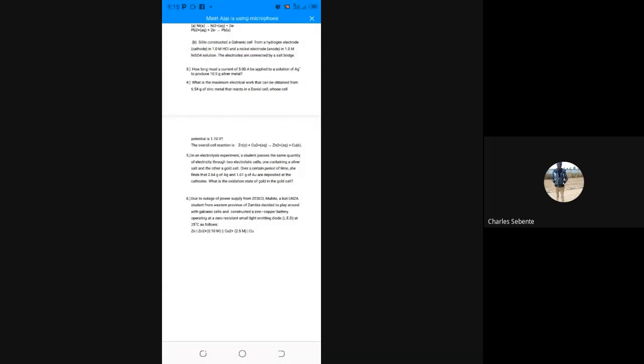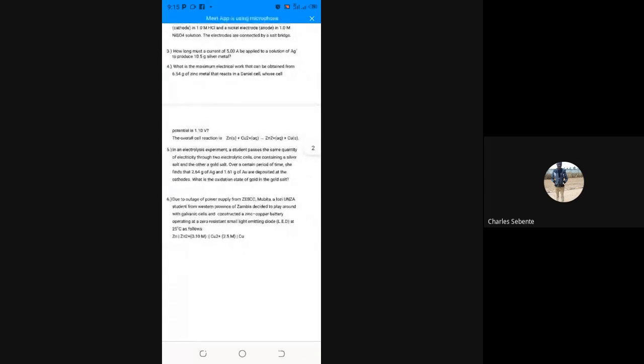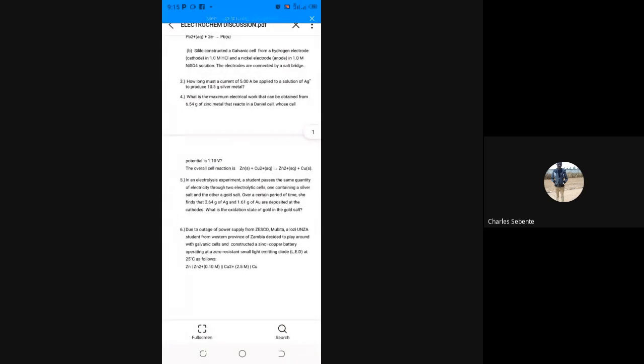On question 5, we are asked to find the oxidation state of gold if the same current was passed through this electrolysis, and we have 2.64 grams of silver being deposited and 1.61 grams of gold also deposited on the cathode, and we're told to find the oxidation state. How do we go about it? Any ideas?